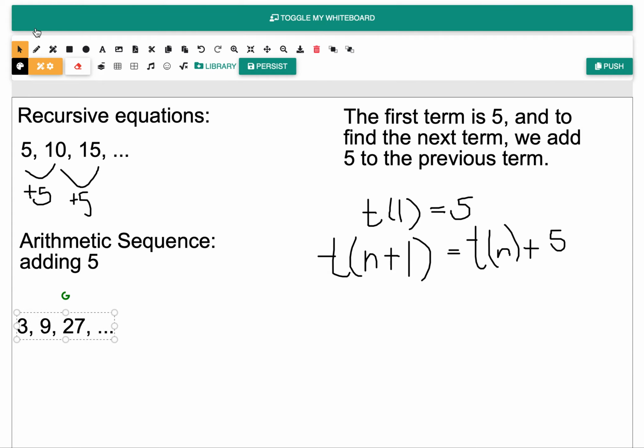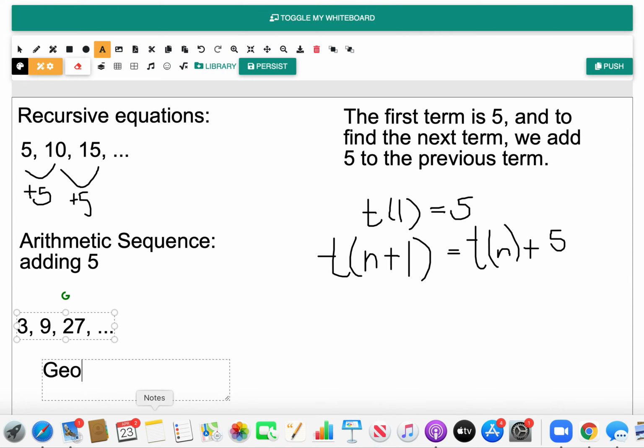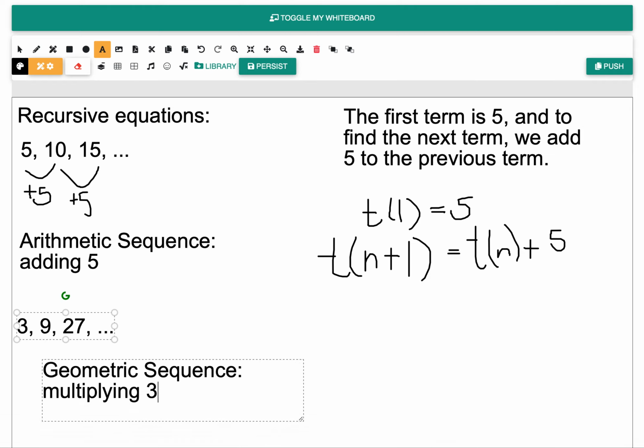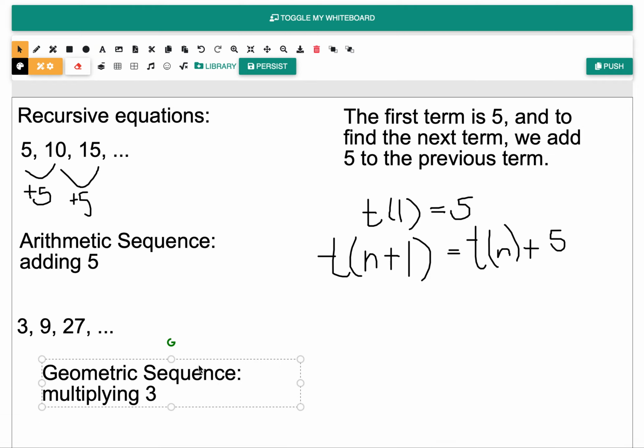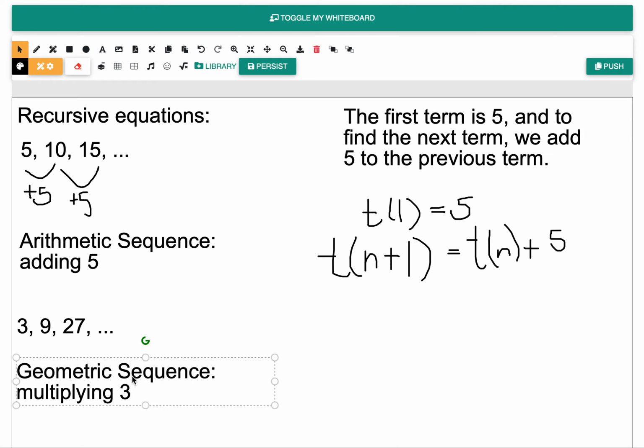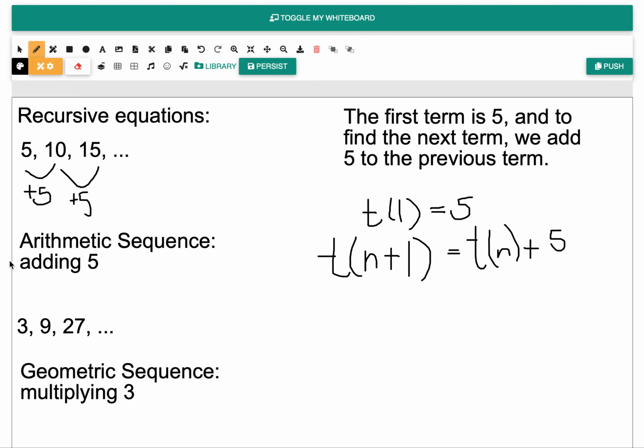This one is a geometric sequence because we're multiplying by 3. Again, 3 times 3 is 9, and 9 times 3 is 27. That's what's happening.